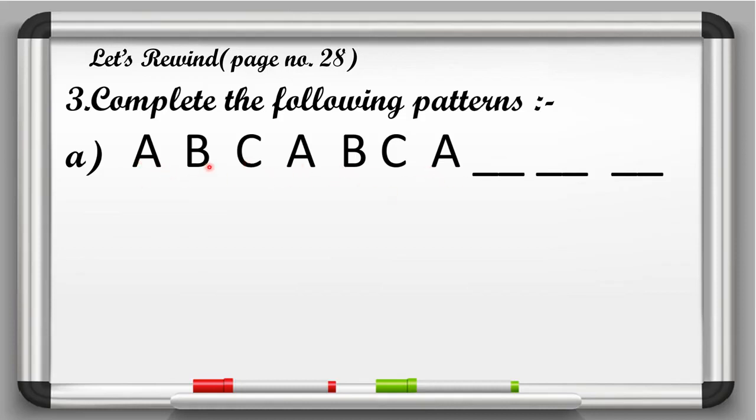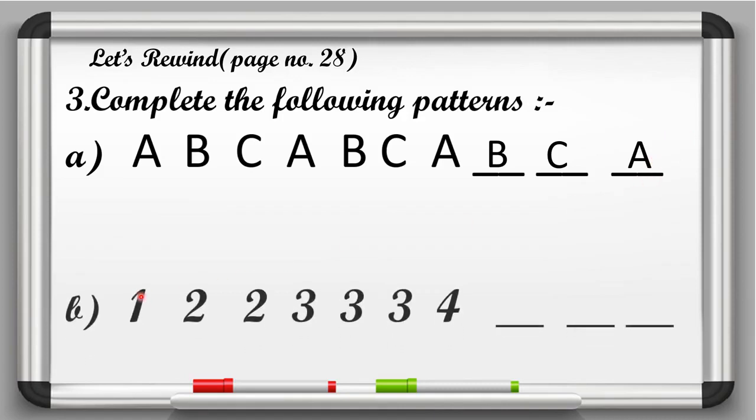Now we have to write the next. So here we will write B. After that, C. Now A, B, C is completed. Now again we will start from A. So here we will write A.